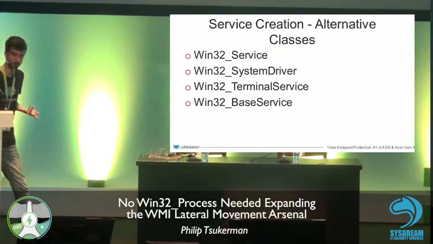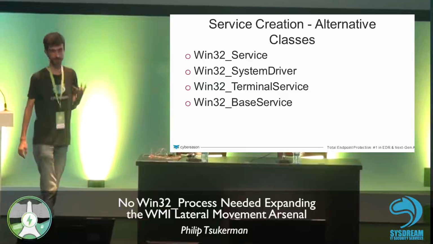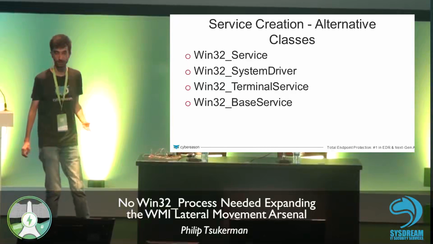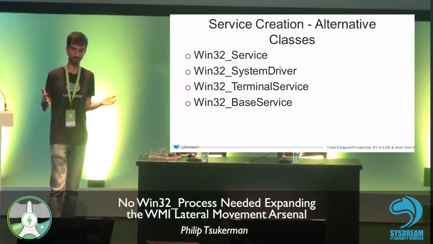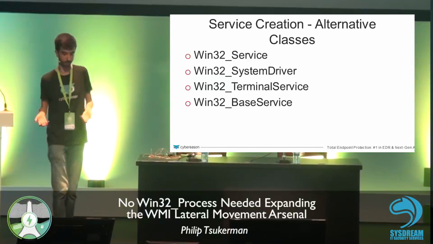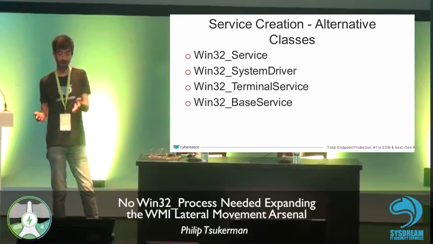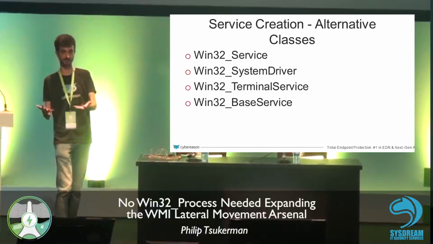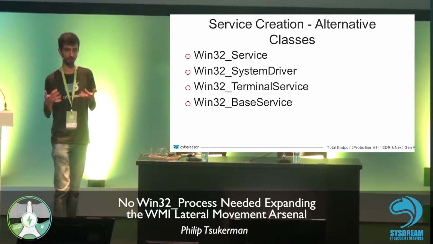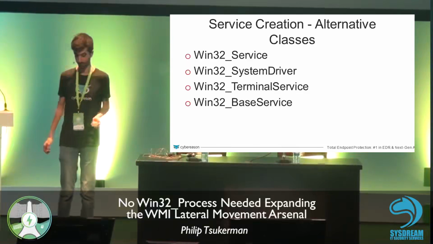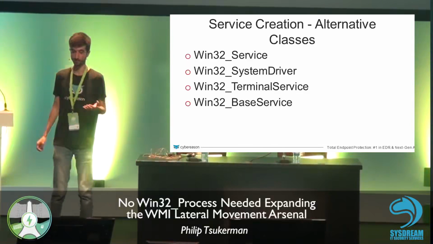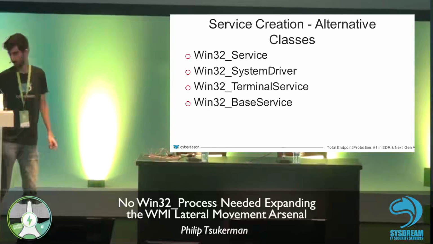And if it's not enough, there are 4 classes which represent services on a machine. So you don't even need to derive new classes to use the previous technique. You could just use one of those 4 that have the exact same methods to launch a new service on a target machine. So you basically need to beware of all 4 classes.